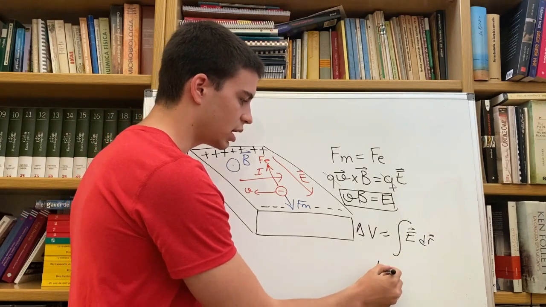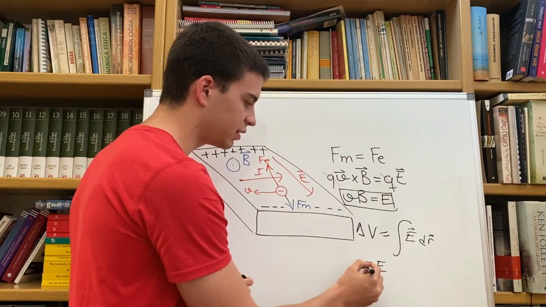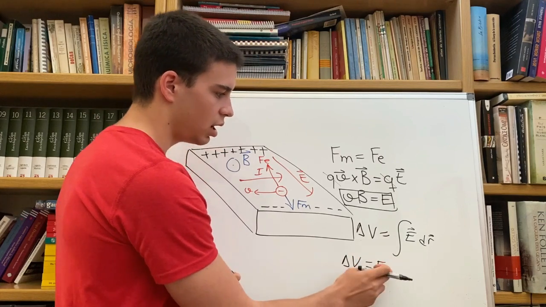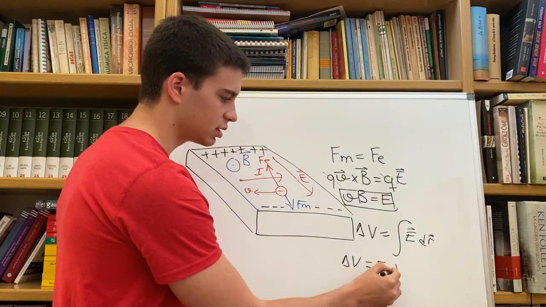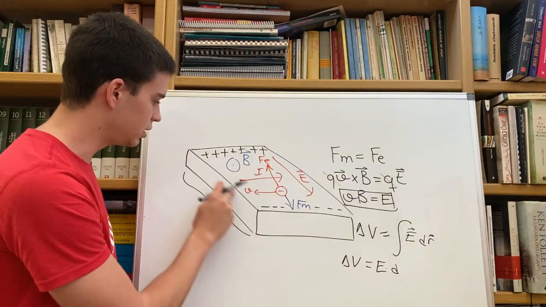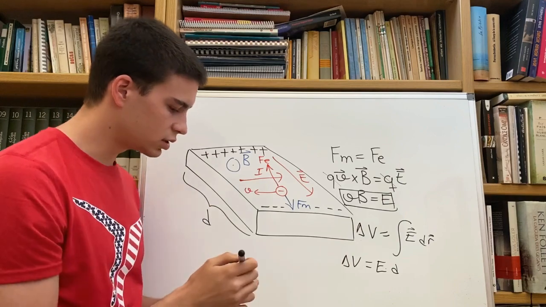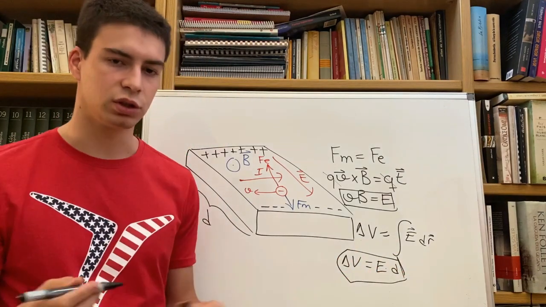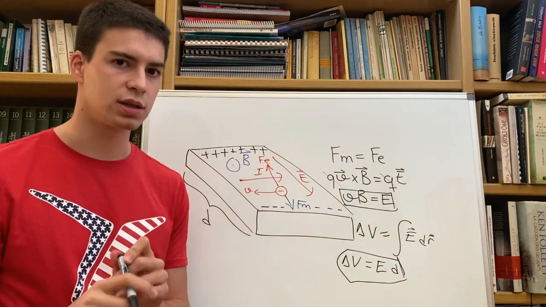So we can take it out of the integral, and we are left with the voltage difference being equal to the electric field times the distance. The distance being this distance right here. So we check that the voltage difference is also constant.